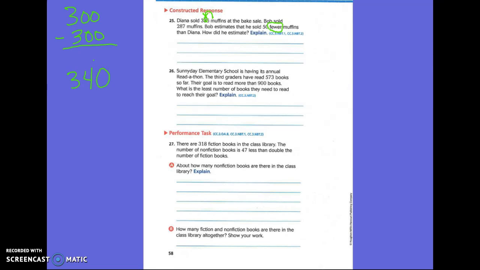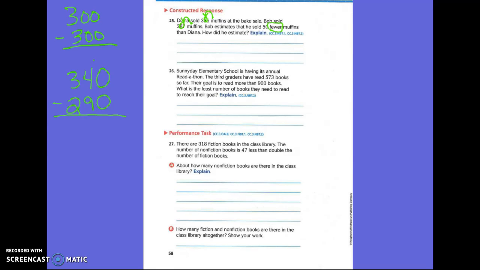Okay, and Bob sold 287 muffins. What did the 7 tell the 8 to do? Everyone? Go up. So it would be 290.